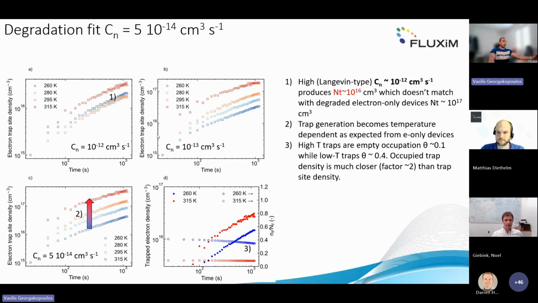So in figure A, number 1, we can see that the trap density versus time is basically temperature independent. They all arrive at more or less the same value.